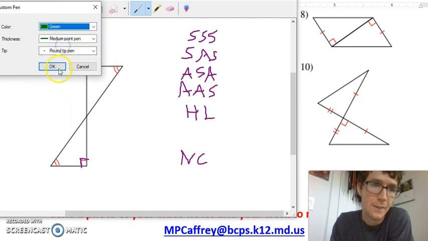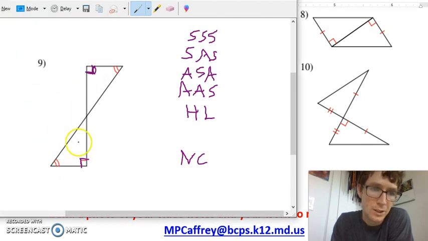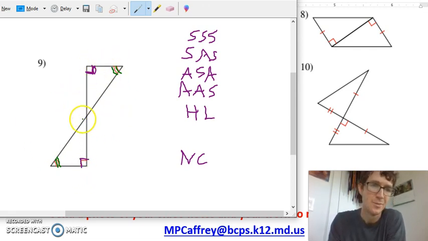Now, we have two tick marks here, two tick marks here, so that means that this angle has to match this angle. So we got green matching green, purple matching purple. Do they say anything about the sides here? I don't see any information on that.